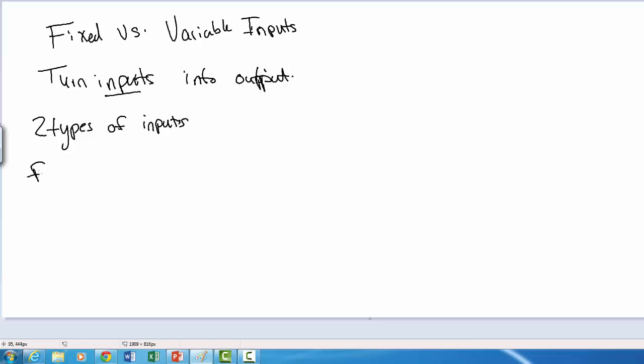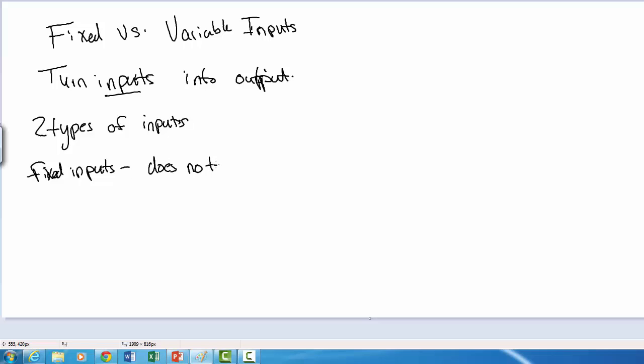We have fixed inputs. These are inputs that do not change regardless of the number of outputs or the number of units we produce in output.